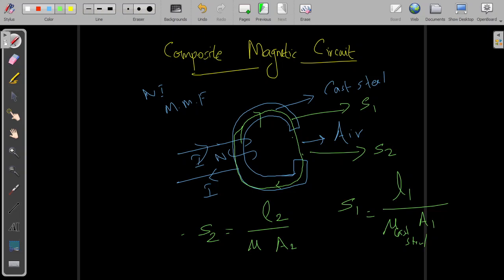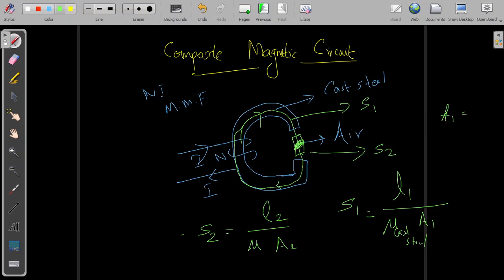If you consider a column of air with its cross-sectional area, it will be equal, so A1 will be equal to A2.